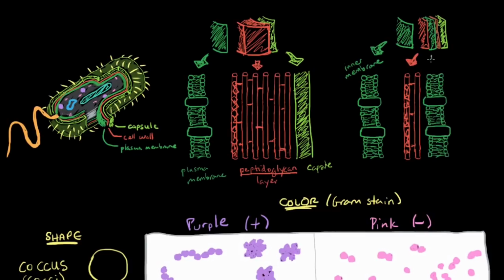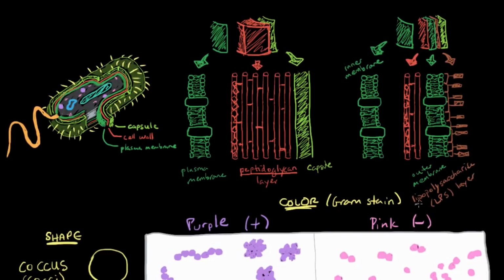Then you have an outer membrane here, and next is this brown layer, also called the lipopolysaccharide layer, which most people abbreviate as LPS. It's exactly what it sounds like: there is a lipo part, which is this lipid area at the bottom, and the polysaccharide, which are these sugar chains at the top. Then this layer is covered by the capsule.